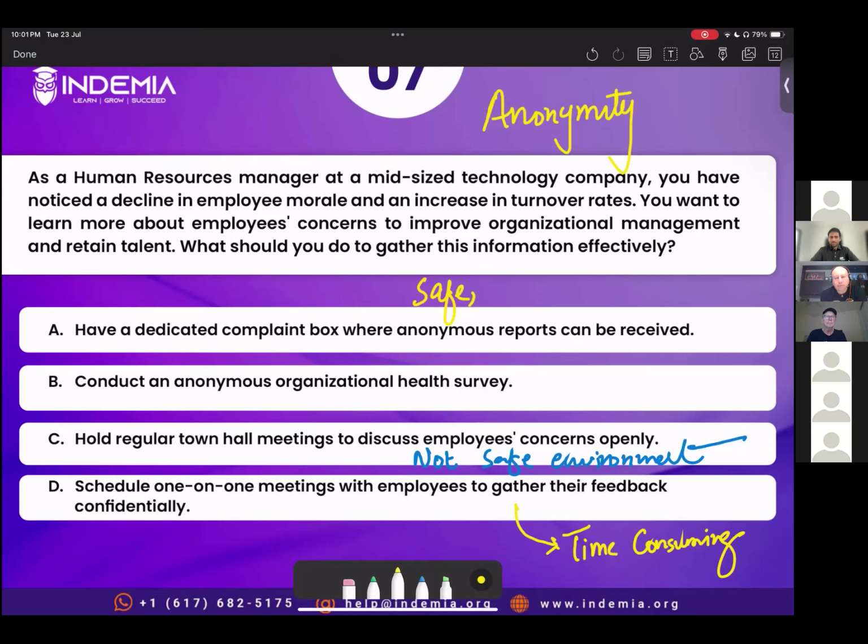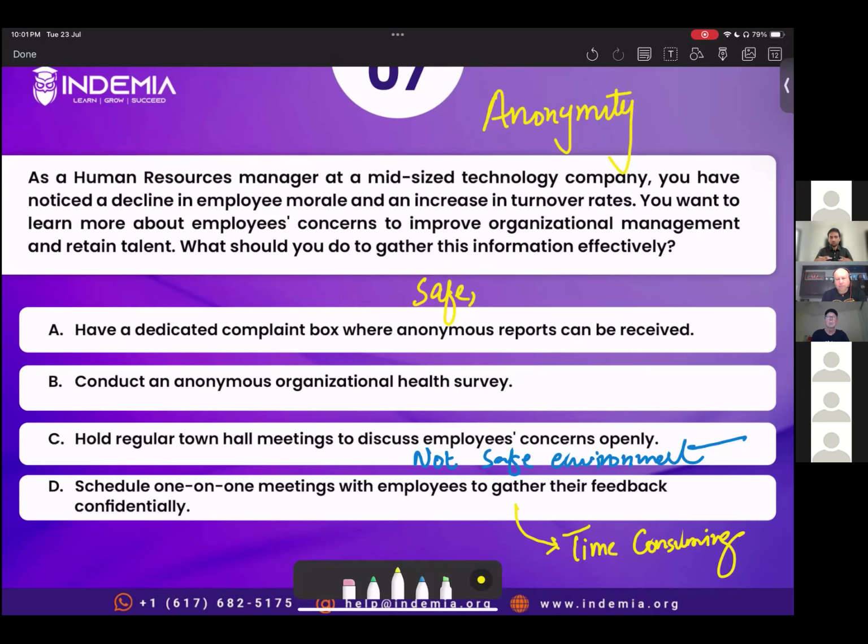Now, option A and B have a dedicated complaint box where anonymous reports can be received. And option B, conduct an anonymous organizational health survey. The problem with option A is that you're not providing any sort of framework to employees where they can give you input on specific areas, right? So what we do is we use a technique which is a combination of active and passive involvement.